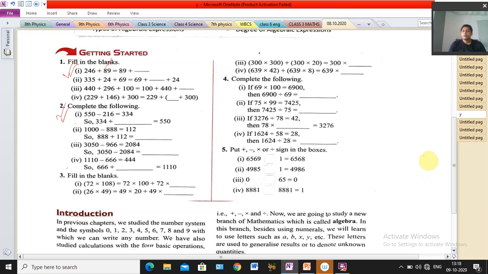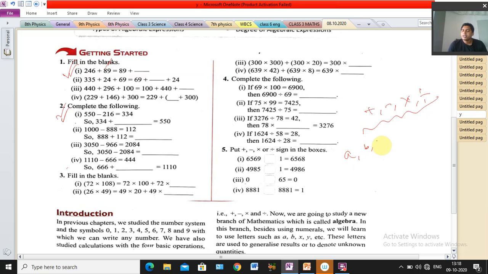So at first we have to know what algebra is. Algebra is a new branch of mathematics where four operations will be there: plus, minus, multiplication and division. And another thing is that a few variables will be there.